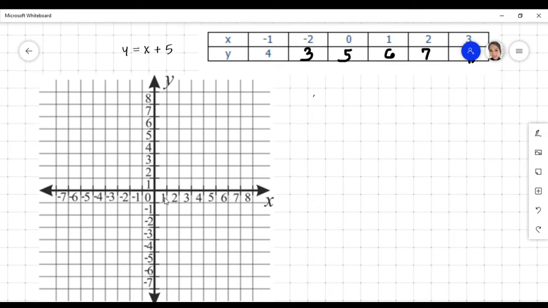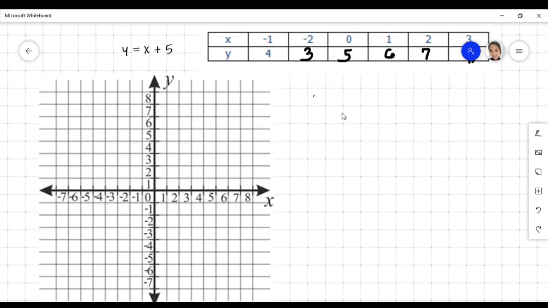So on the right side of the x-axis are positive, on the left side of the x-axis are negative. Likewise with the y-axis, above part of it are positive values, while below of it are the negative values. At dito sa gitna, this is our origin with the point 0, 0.